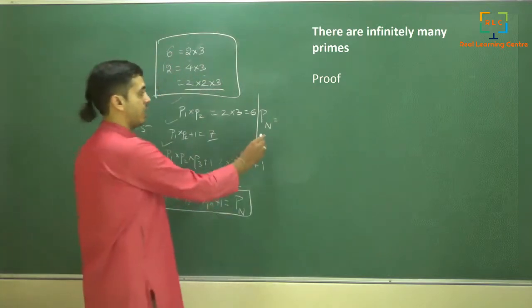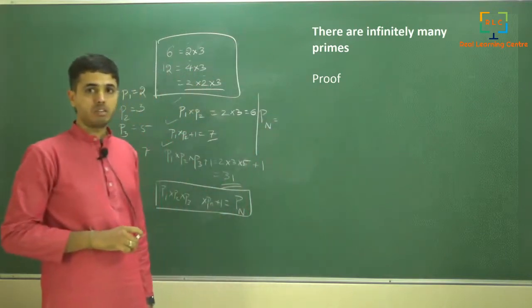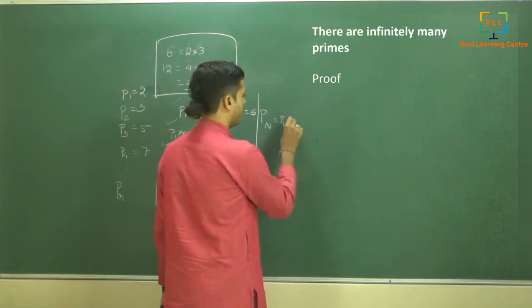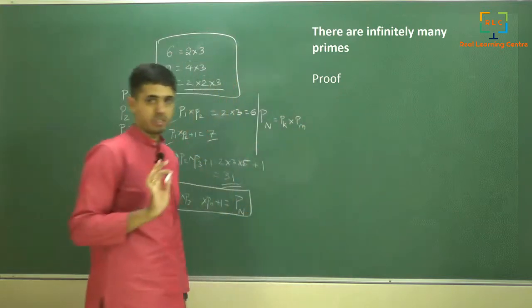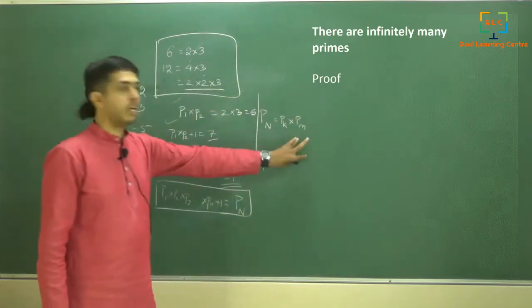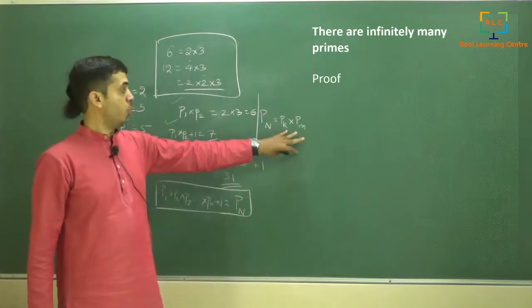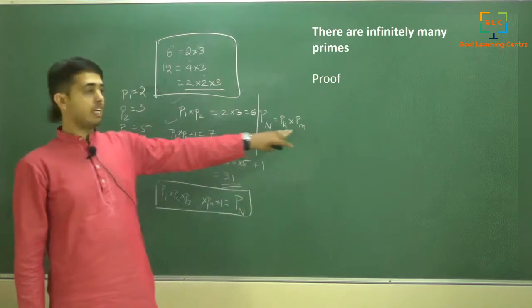Now I have taken Pn. What about the product for Pn? I'll assume it to be Pk into Pm. So Pn is equal to Pk into Pm. Suppose it is a composite number, then I have two prime numbers, and multiplying Pk into Pm, I get Pn.